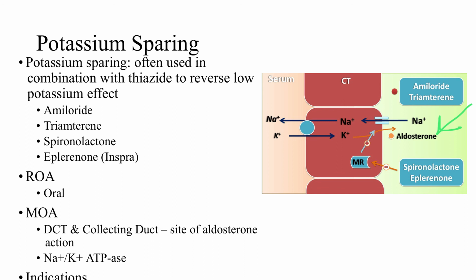They are taken orally, and they all work within the distal convoluted tubule and early cortical collecting duct area on the sodium potassium pumps. So the side effect you might see here is hyperkalemia, really high potassium. But in your patients that cannot tolerate these low potassium states, potassium sparing are a great way to counteract that.